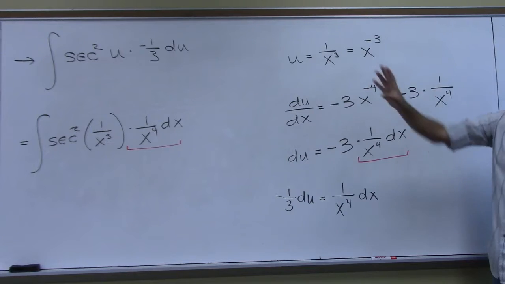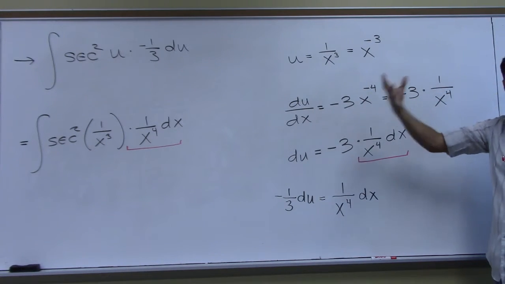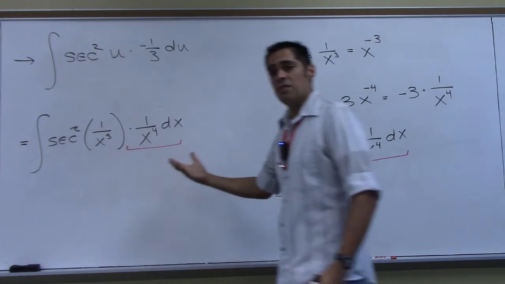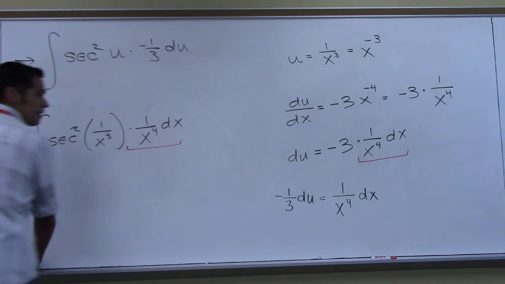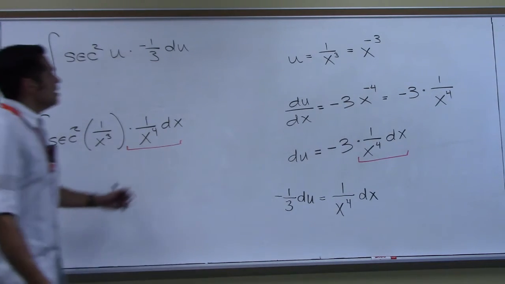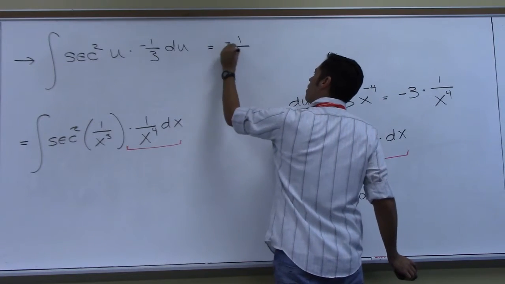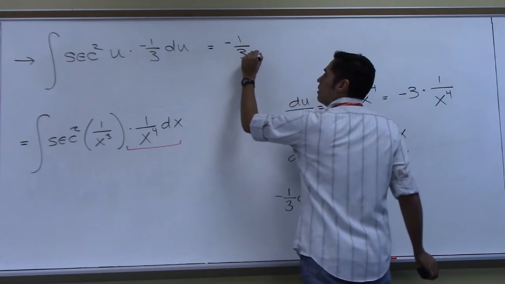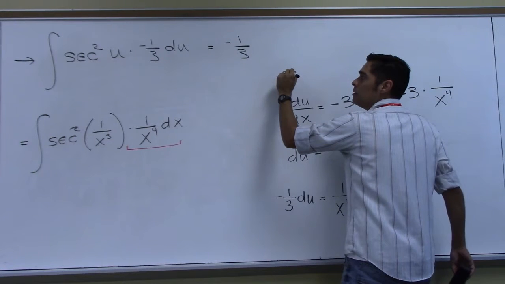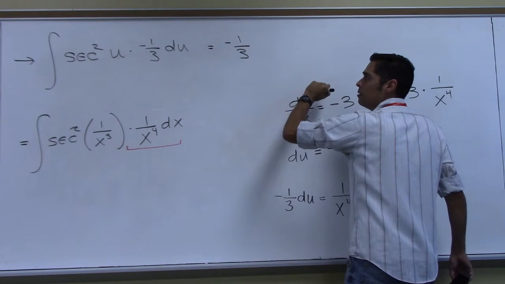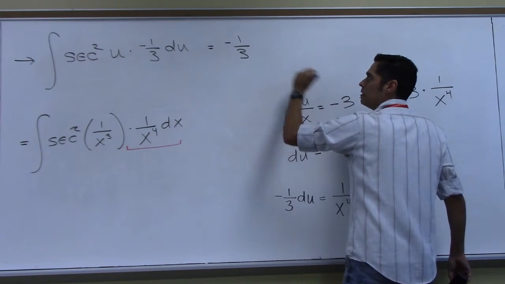That's it. We can pull the negative 1/3 out of that completely and then hope that we know the antiderivative of secant squared of u. And you do, right? It's tangent u. So this becomes negative 1/3. You want me to go ahead and do it now? Or do you want me to rewrite the integral? You want the antiderivative now? Yeah?